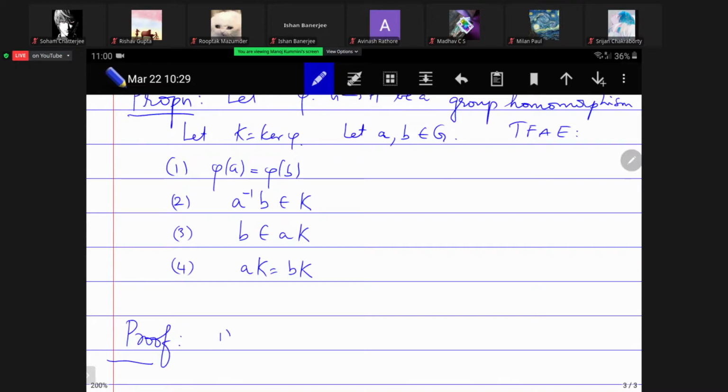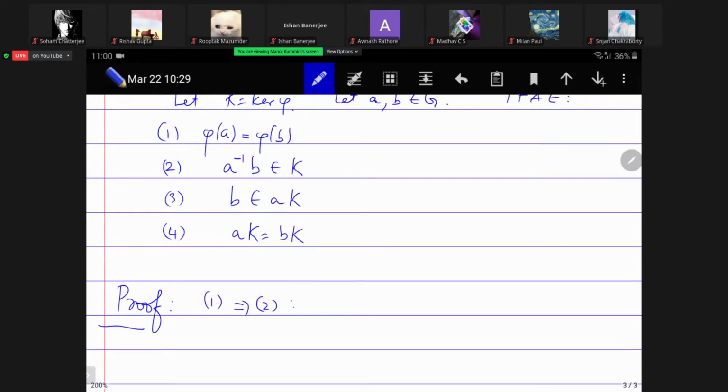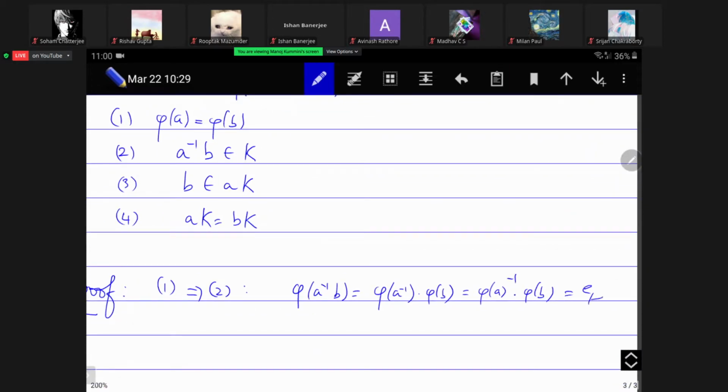So one implies two. Phi of A inverse B is phi of A inverse times phi of B, which is identity by one. And this implies that A inverse B is in the kernel.